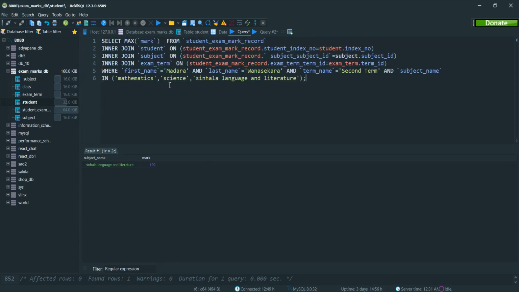Here I have used three inner joins along with one subquery. I have used the maximum function to give the highest mark, and let's see the result. So the maximum and the highest number is up to 85.